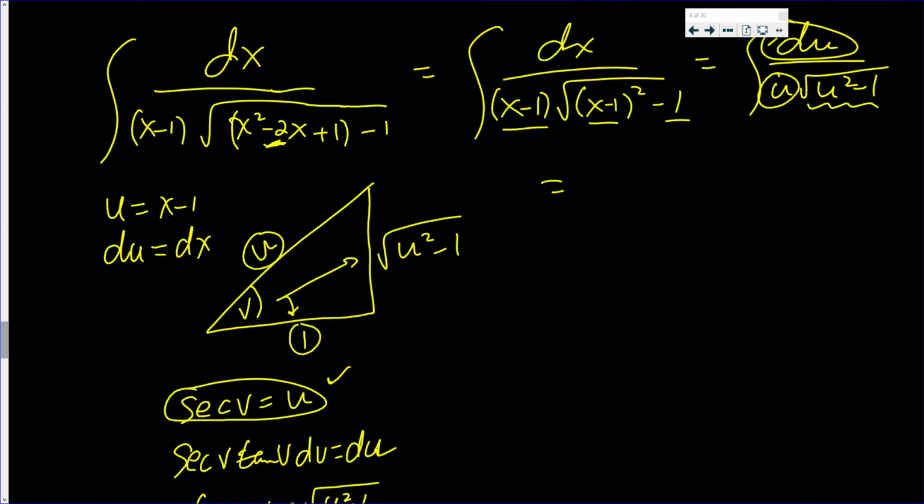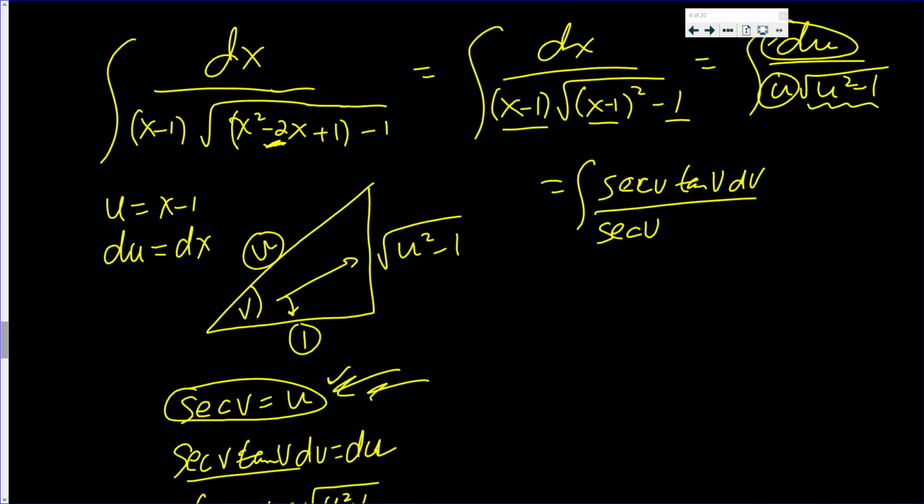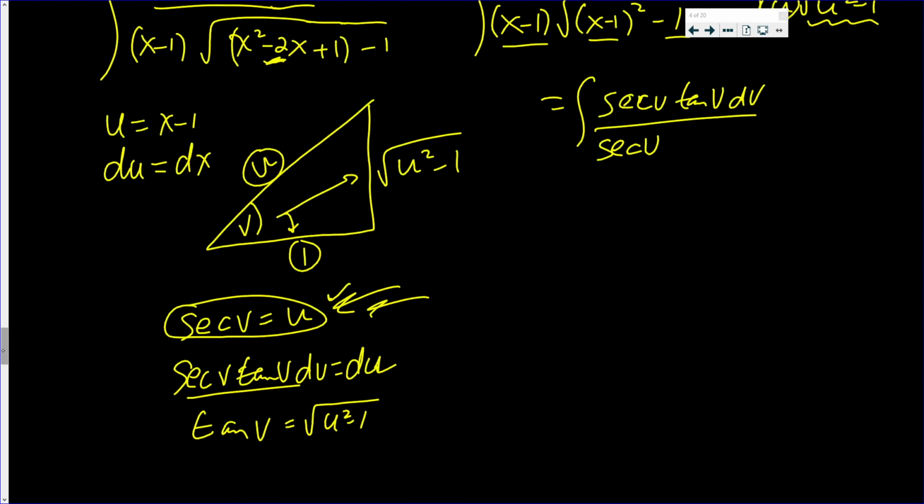So, I have du, which is secant v tangent v dv, all over u, which is secant v, it says so right here, and then that square root part, which is tangent v. Look at that. Everything canceled out except the dv. Integral of dv is v.